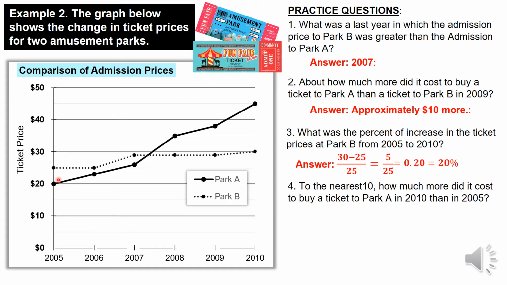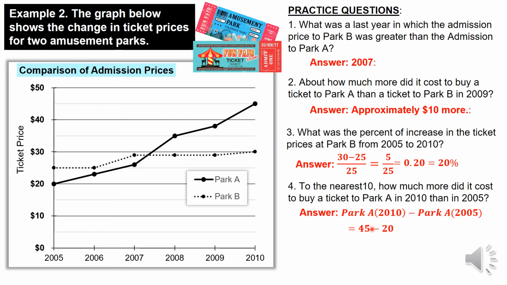So we get the price of Park A in 2005 and the price of Park A tickets in 2010. So 2010 minus 2005 prices of Park A. So we have $45 minus 20, since 45 here is between 40 and 50.